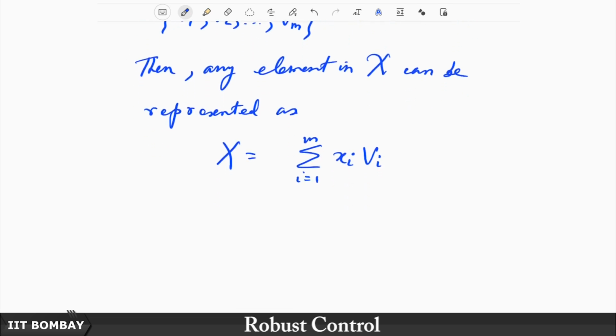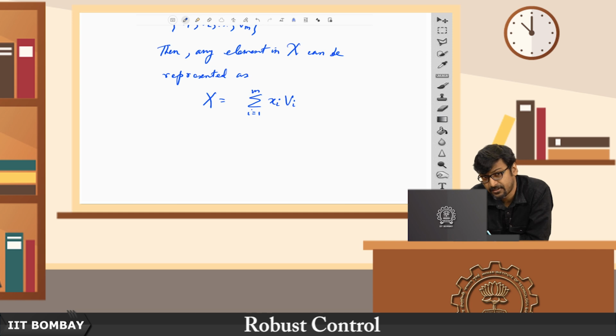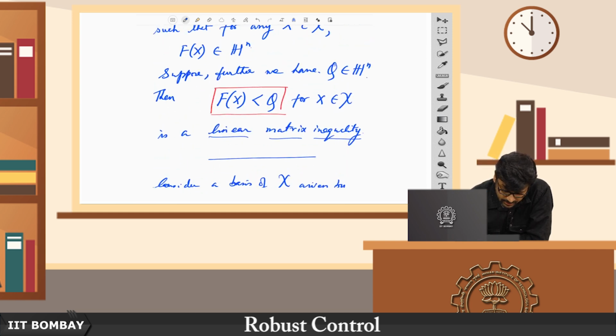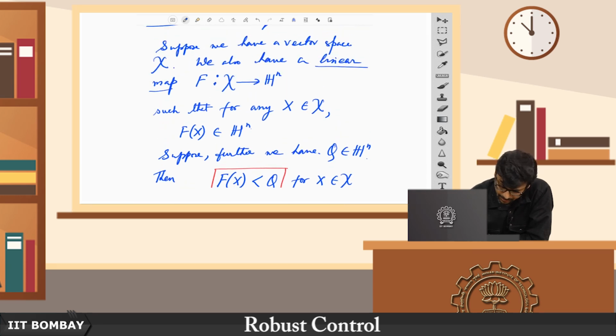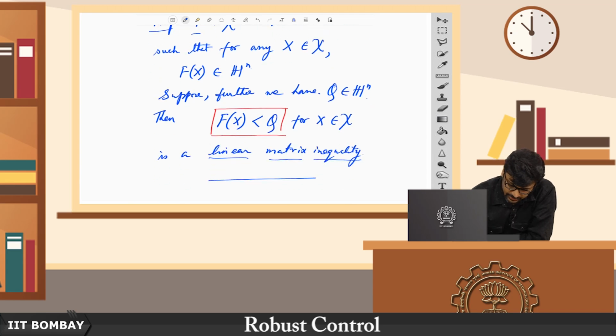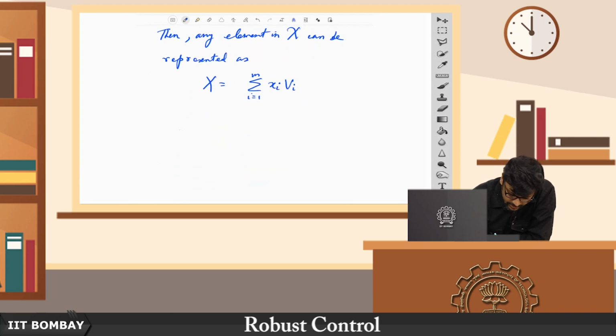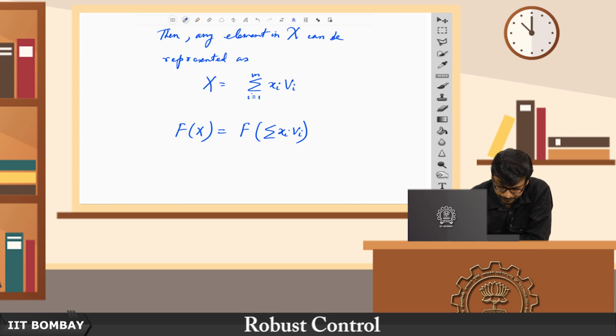Now, if F is indeed a linear map as we have described it here, remember, a linear map, then when we take f of x, can we not write this as f of summation xi vi, i going from 1 through m.